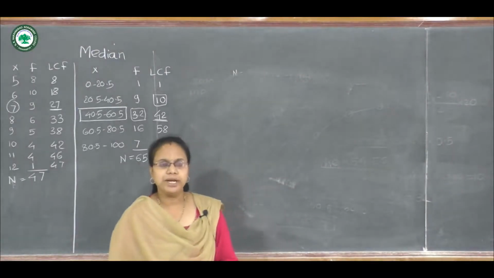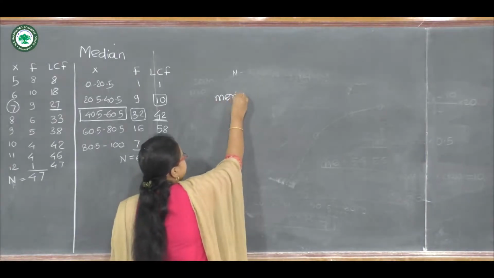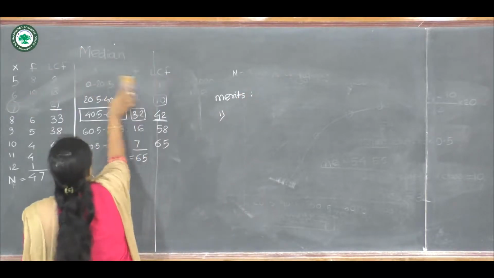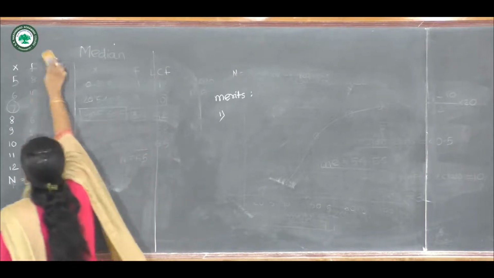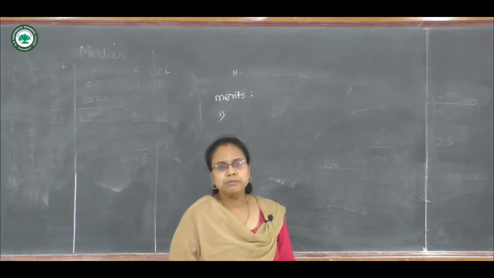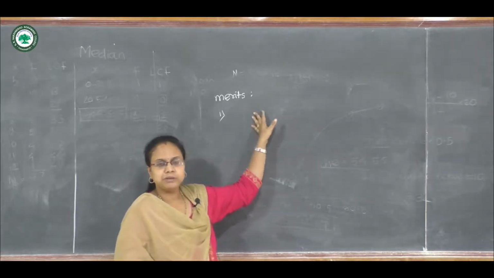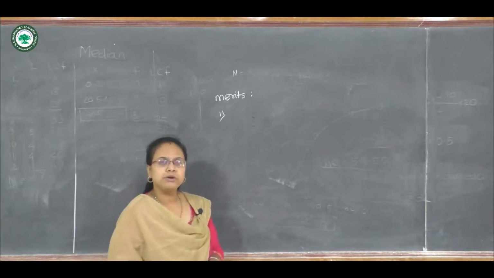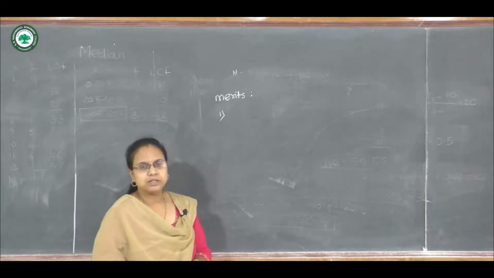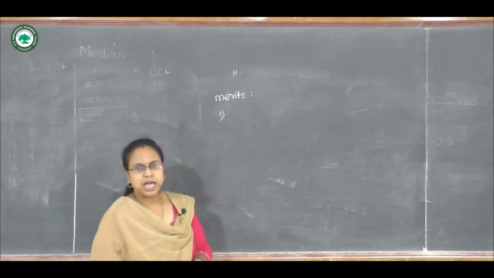Now we will see the merits and demerits of median. Median is actually a positional average, the trimmed arithmetic mean obtained by ignoring the (n minus 1) upon 2th lowest observation and the (n minus 1) upon 2th highest or topmost observation. So median is actually a positional average.